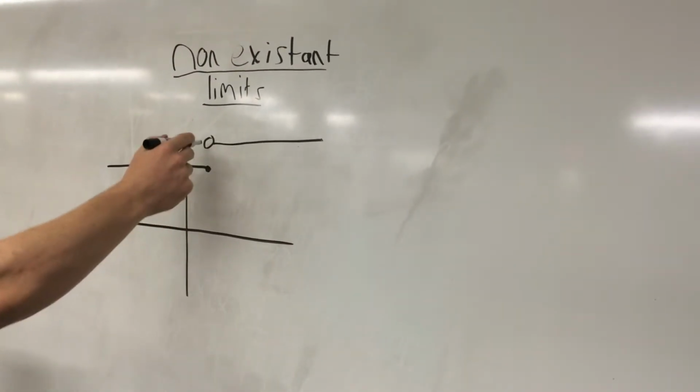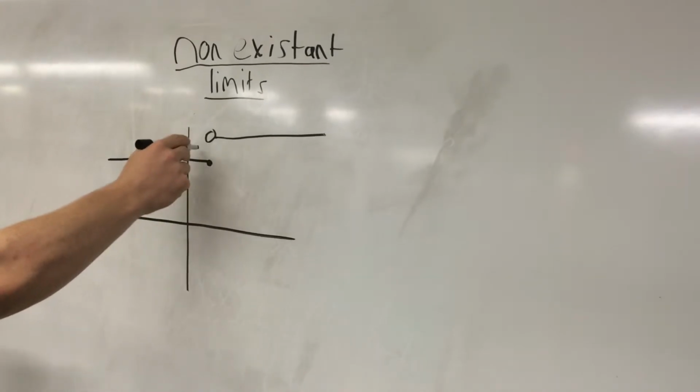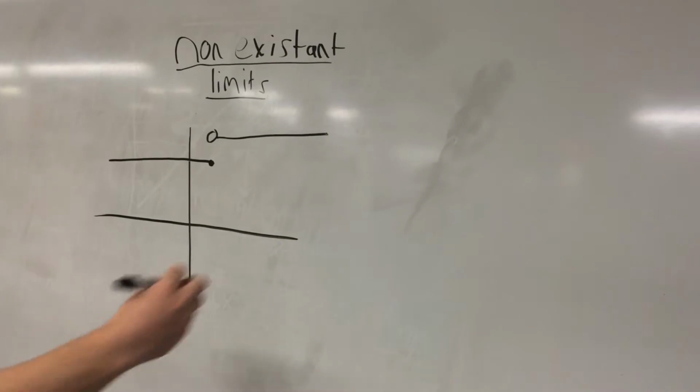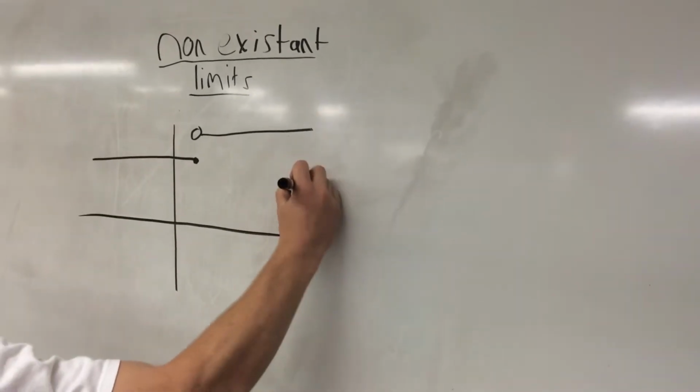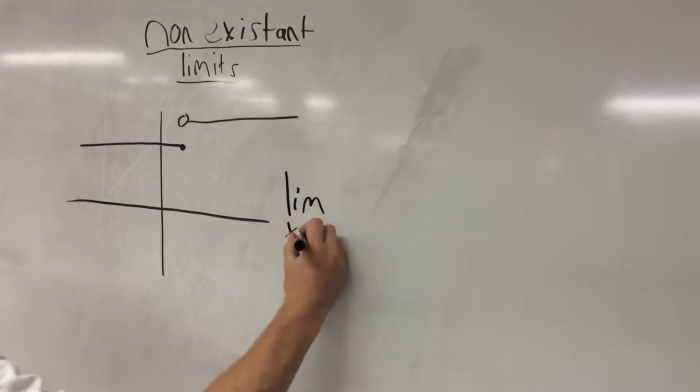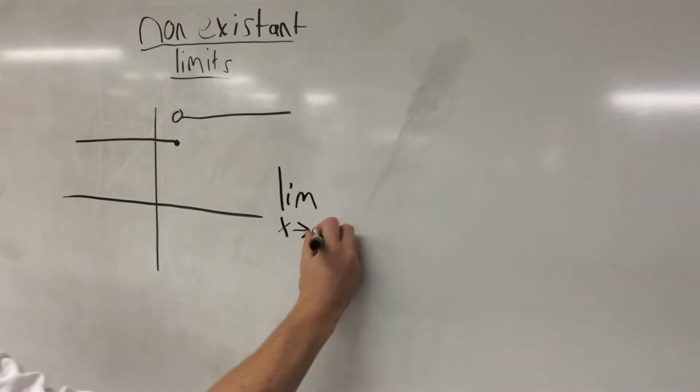The limit as x approaches a from the left does not equal the limit as x approaches a from the right, thus meaning this limit does not exist.